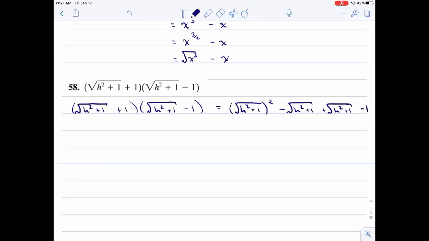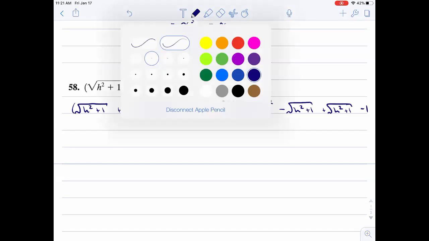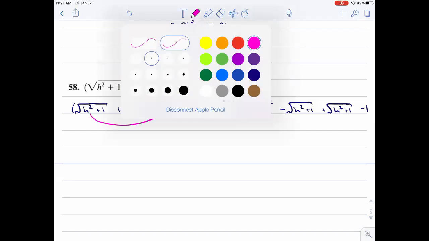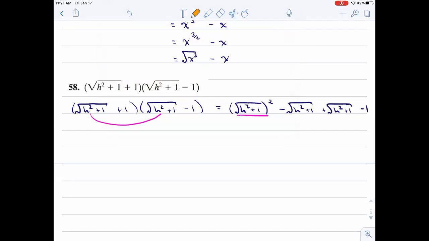Repeat? Is that what you said? Yeah. So here, I'll show it with some arrows. This times this, that's this term. How about orange? This times this, that's this term.